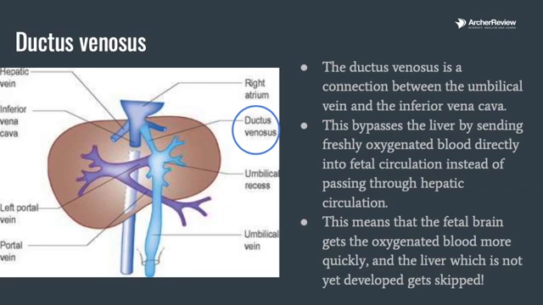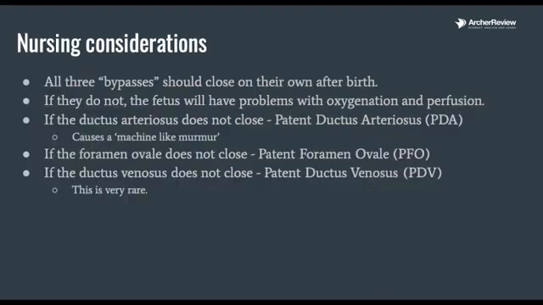So those are our three bypasses, the ductus arteriosus, foramen ovale, and ductus venosus. All three of those things are to prevent pulmonary and hepatic circulation, preserve systemic circulation, and help the fetus develop properly. There are a few nursing considerations we want to remember when talking about fetal circulation.